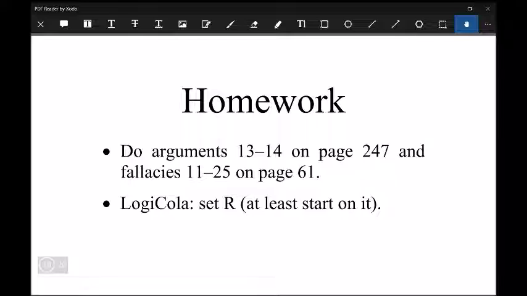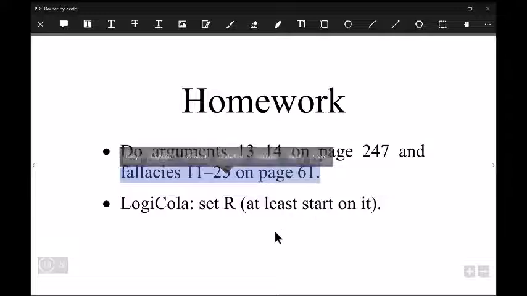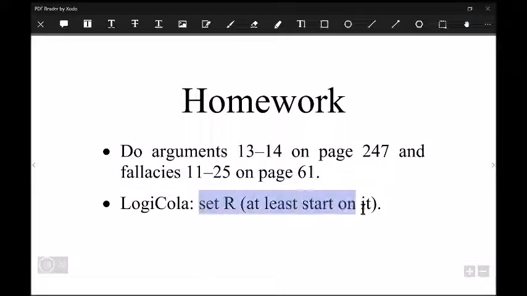So do two more arguments and do a bunch of fallacies and logical set R. At least start, maybe do a few problems. It's kind of hard. You've got to keep in mind you have little passages and you say what fallacy is committed, and you try to categorize it.